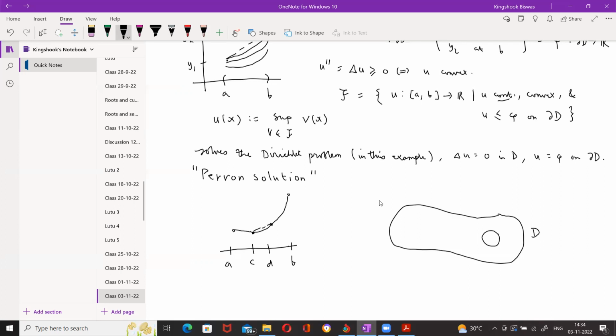And that function will be bigger than the subharmonic function I started with, by a maximum principle for subharmonic functions. That is the analog of replacing this curve with the straight line joining these two points. So this procedure will allow us to show that the supremum is going to be harmonic.